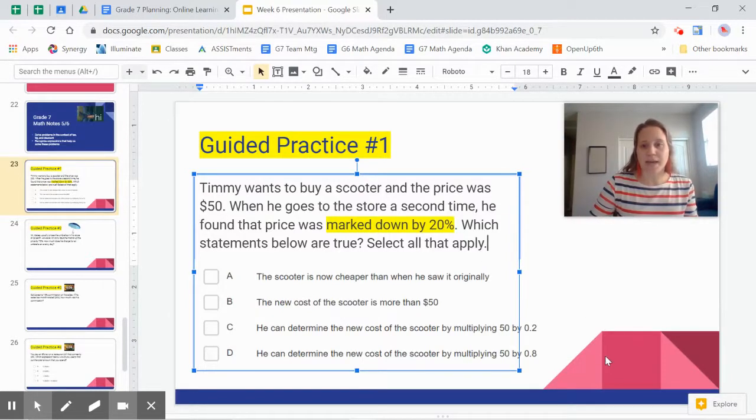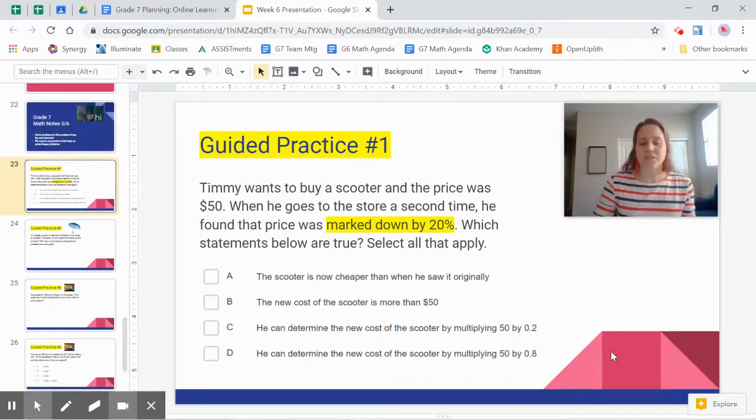Which statements below are true? Select all that apply. Okay, so let's just think about this for a minute. He sees a scooter one day, it was $50. He goes to the store again, and the price was marked down. Do you think that the new price is greater or less than the original?